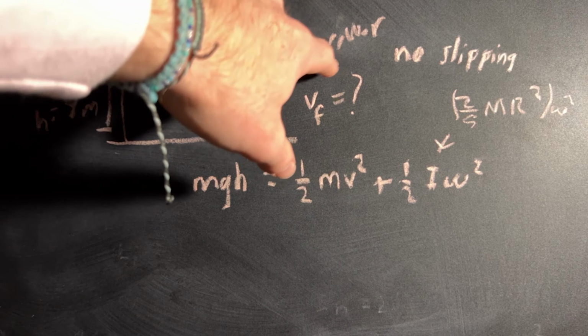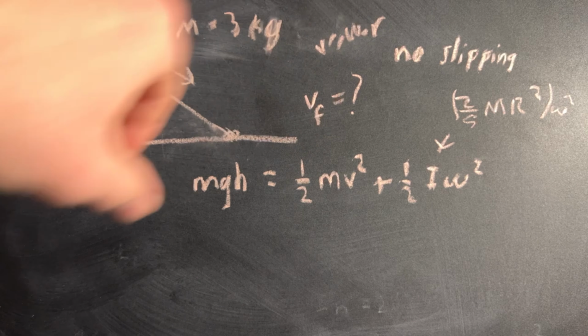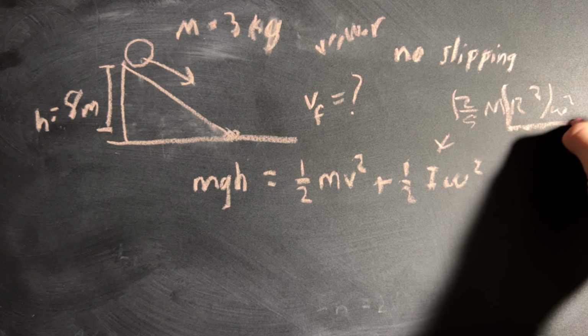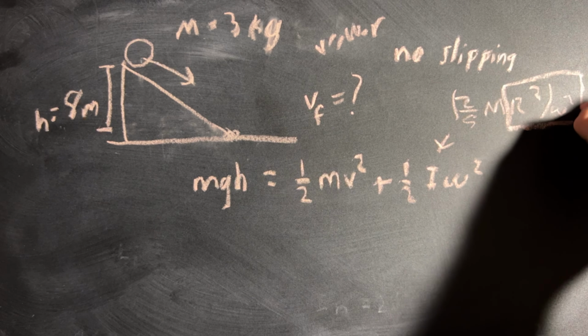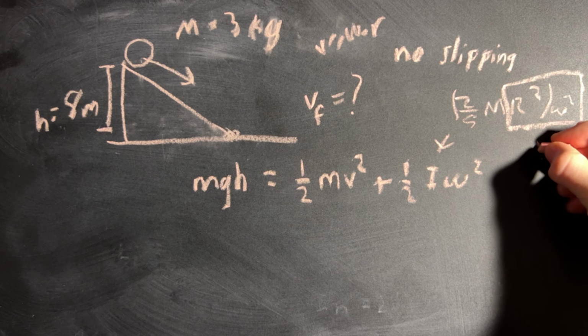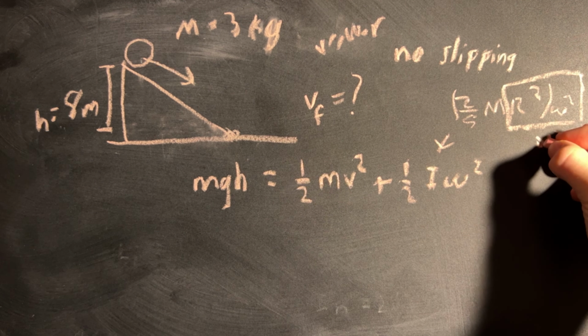When there's no slipping, velocity is equal to angular velocity times the radius. And right here is the radius squared multiplied by angular velocity squared, which means that this simplifies to v squared.